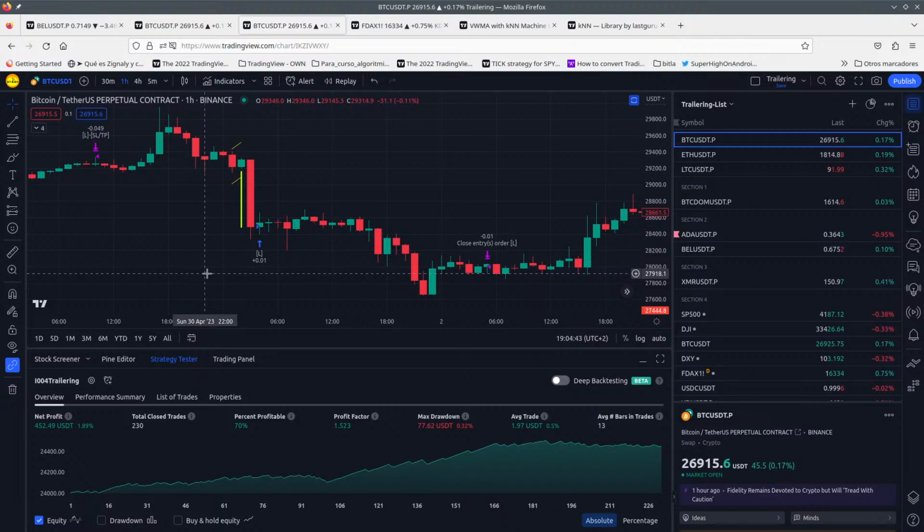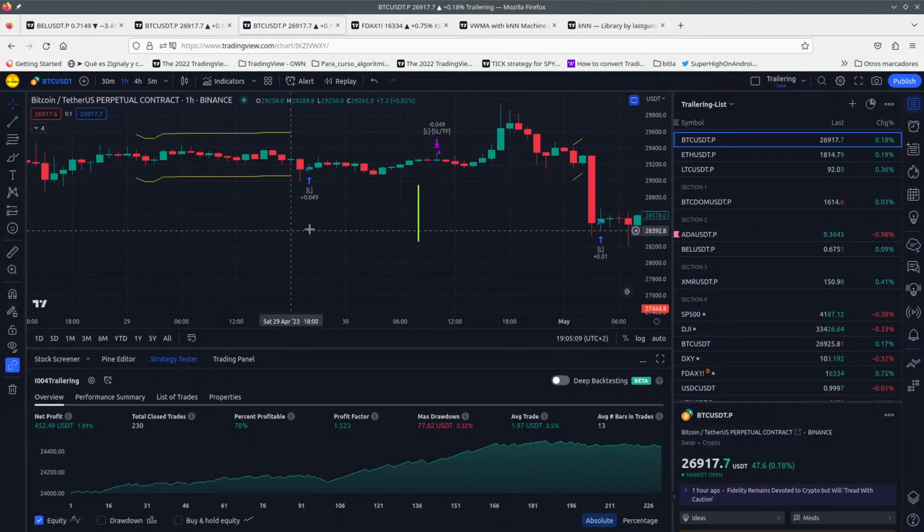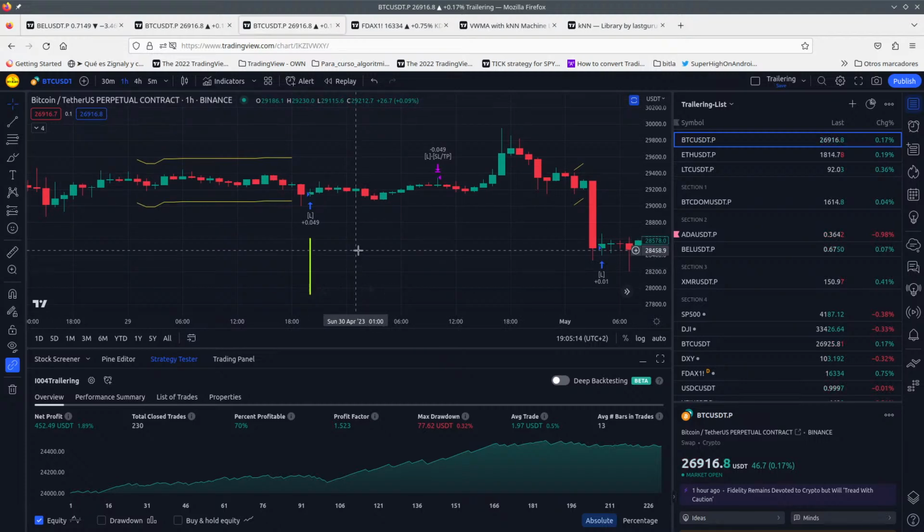But which is the... Maybe we should compare the body's size instead of checking if this is higher or not higher. Okay, let me see. Oh, yeah, this one here, the close.